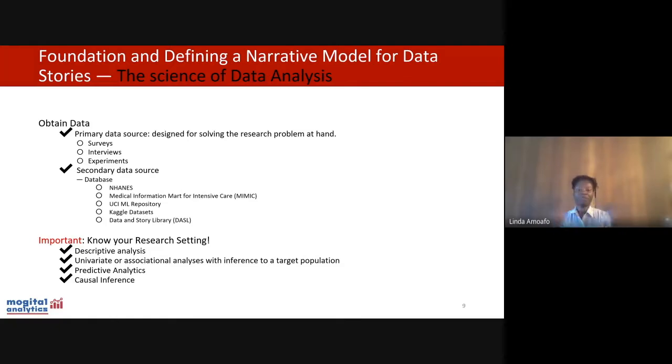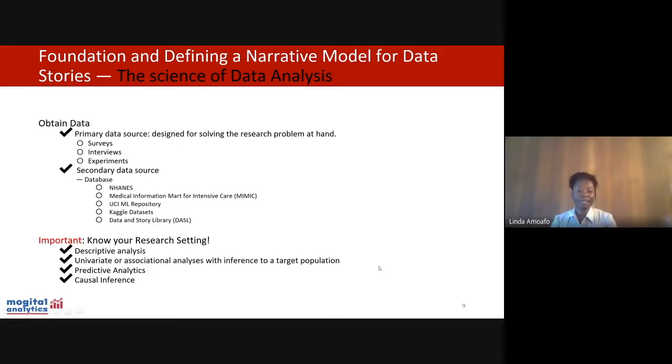So you have some research problem that you want to solve, and whatever variables you need to solve it, you have at hand. You create a survey, an interview, or an experiment to disseminate to people, for them to answer or do whatever experiment you want in order to answer that specific problem. Here you get all the variables that you need to solve that problem.